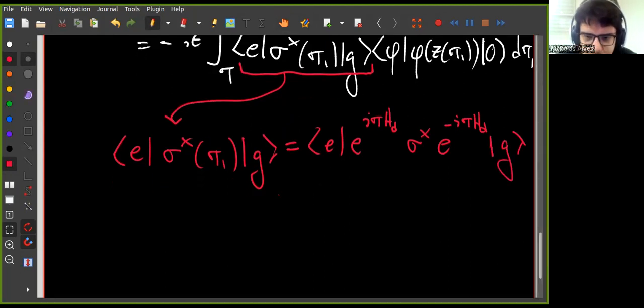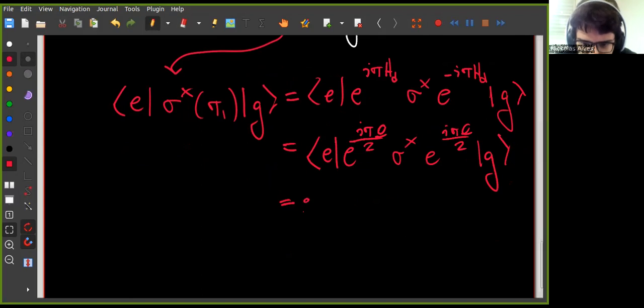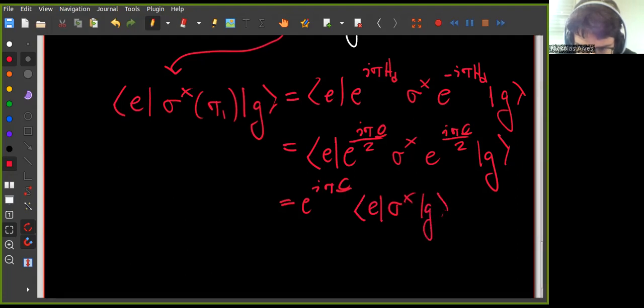Which becomes e to the i tau omega by applying it to the E state, and e to the minus i tau omega by applying to the G state, and hence we get e to the i tau omega E sigma x G.